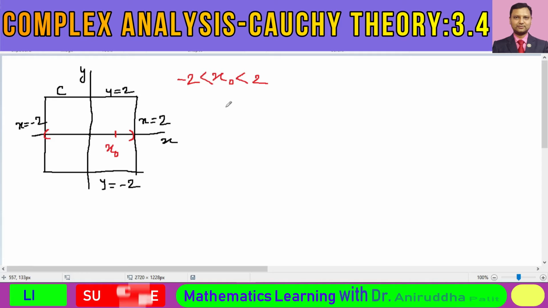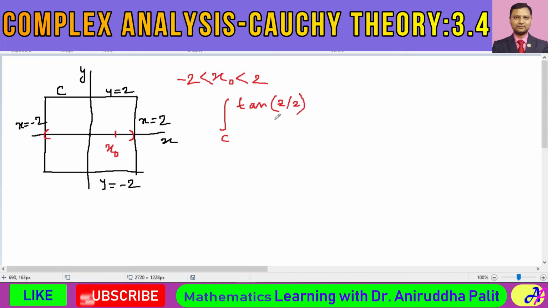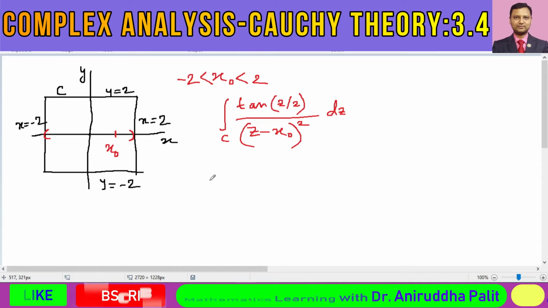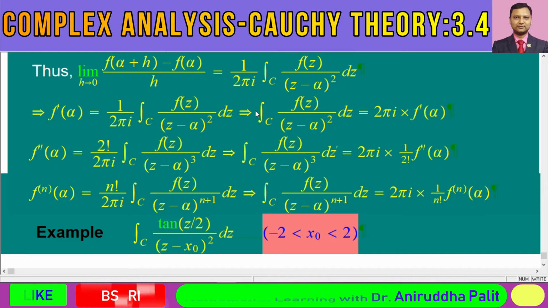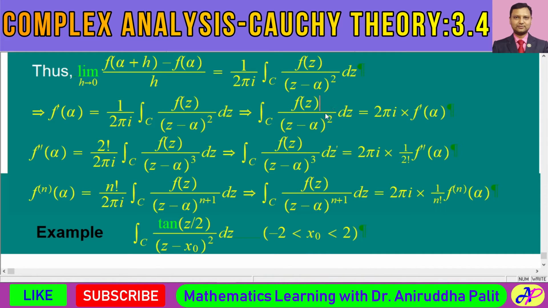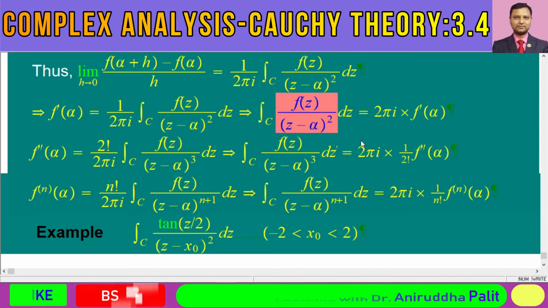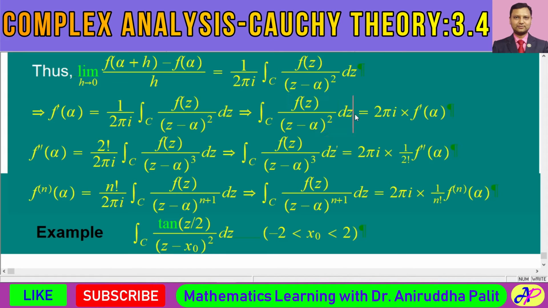Therefore, to find the integral over C of tan of z by 2 divided by z minus x0 whole square, which function should we consider as f of z? Our target is to apply this formula: f of z divided by z minus alpha squared dz.